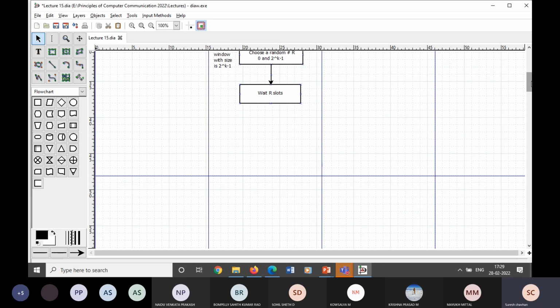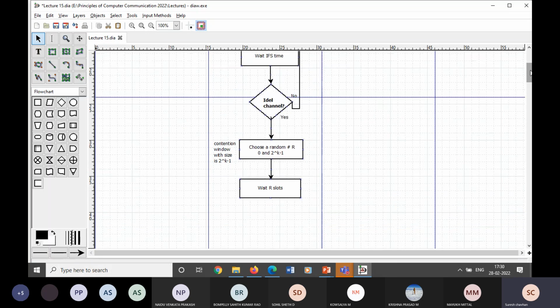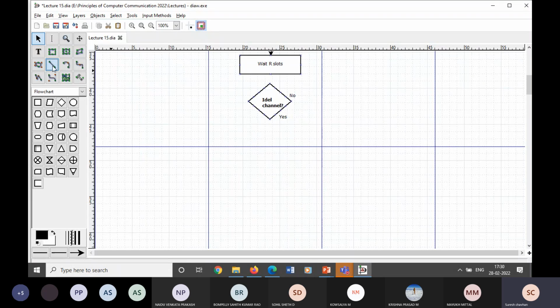And if it is busy, it will halt and continue when it is idle. So it again senses after each slot.